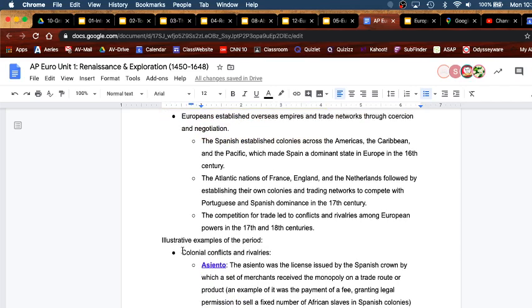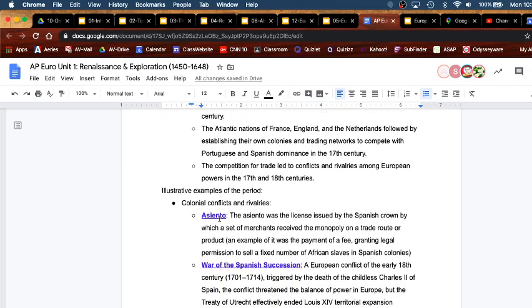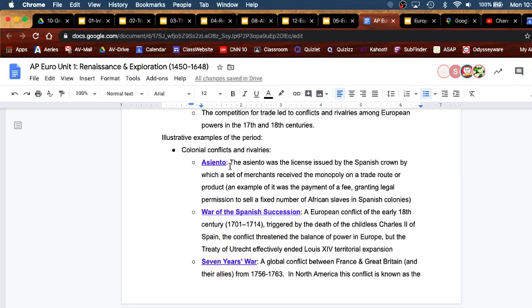Okay, illustrative examples of the period. Colonial conflicts and rivalries. This first key idea right here, the asiento, was the license issued by the Spanish crown by which a set of merchants received the monopoly on a trade route or product.